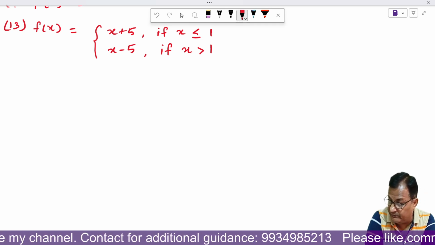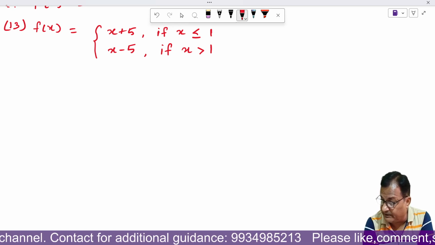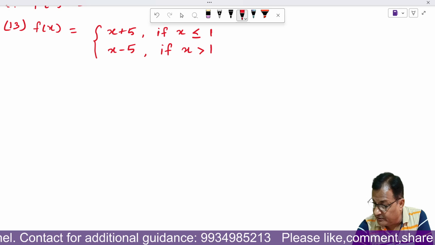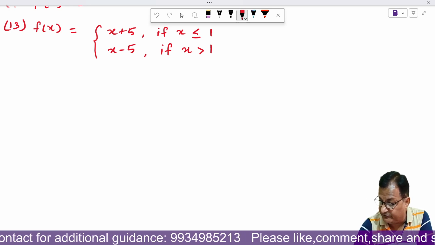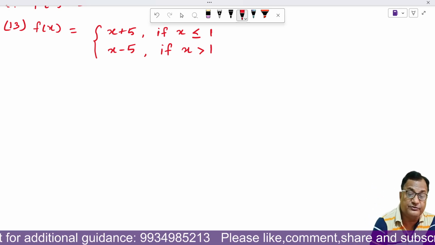So we have to check whether the function defined by this is a continuous function.